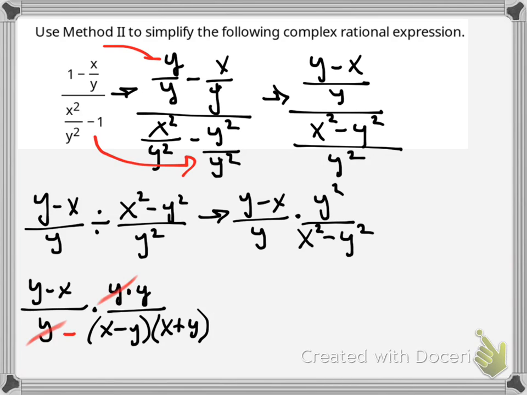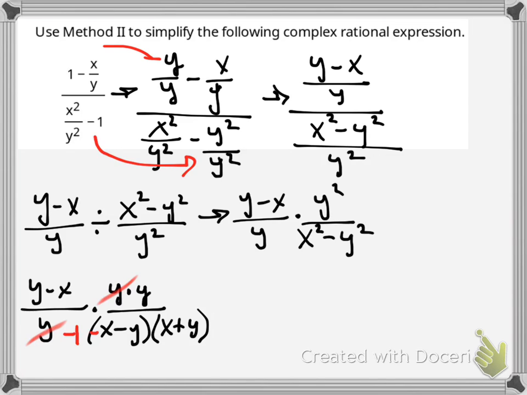I'm looking at the numerator in my first fraction, and I'm recognizing that it's a y minus x. And in the denominator of the other fraction, one of those factors is x minus y. They're identical, but the terms are opposite of each other. So what if I factor out a negative 1 from that factor in the denominator?